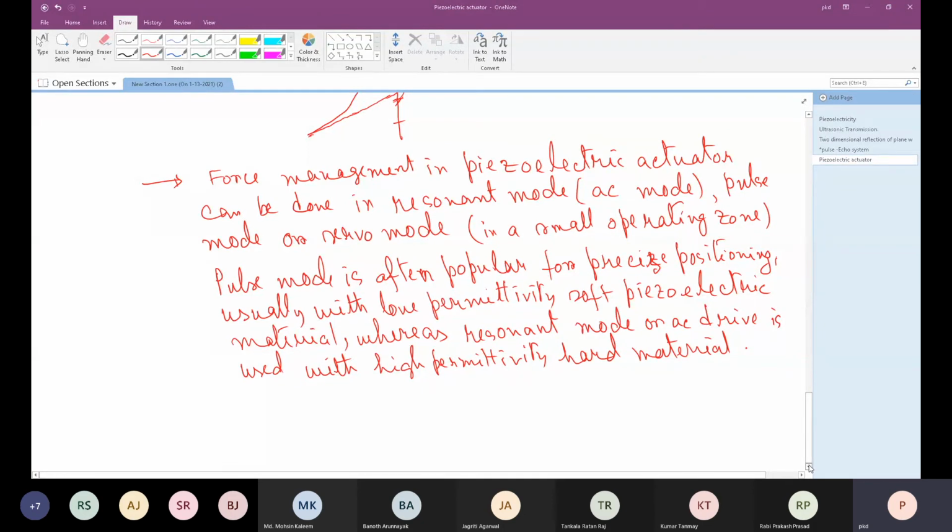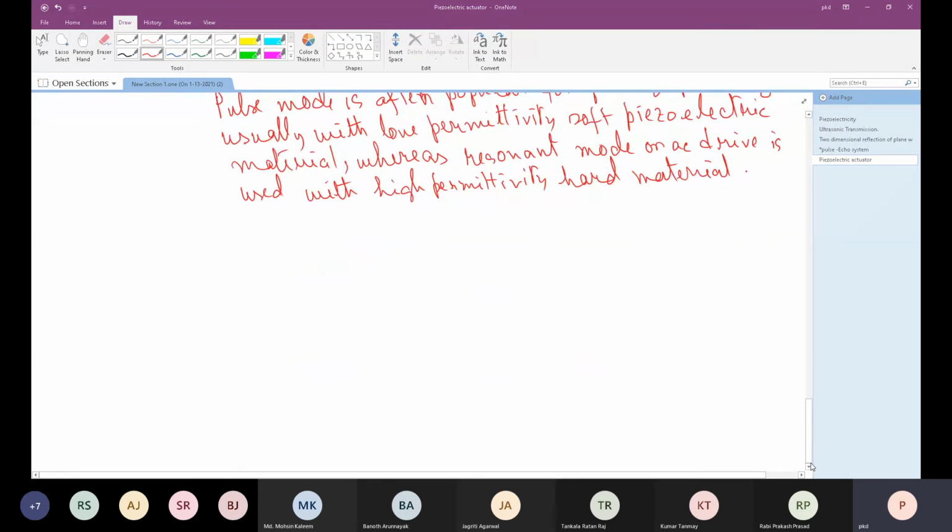Apart from actuators, there is another use: actuators can be used in back-to-back mode as piezoelectric transformers.